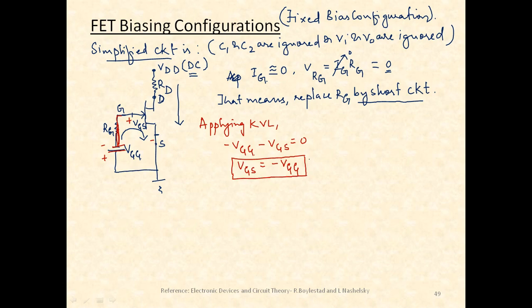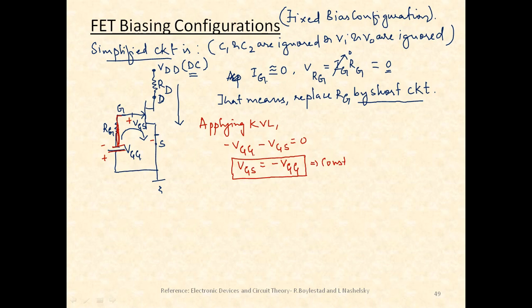So it's a very simple expression which has a lot of meaning. What does this mean? It means that the voltage appearing across gate to source terminals is always fixed, and it is always fixed by the voltage that we are supplying, and the voltage that we are supplying is VGG. So please understand, the voltage that appears across gate to source is the negative of the VGG value.